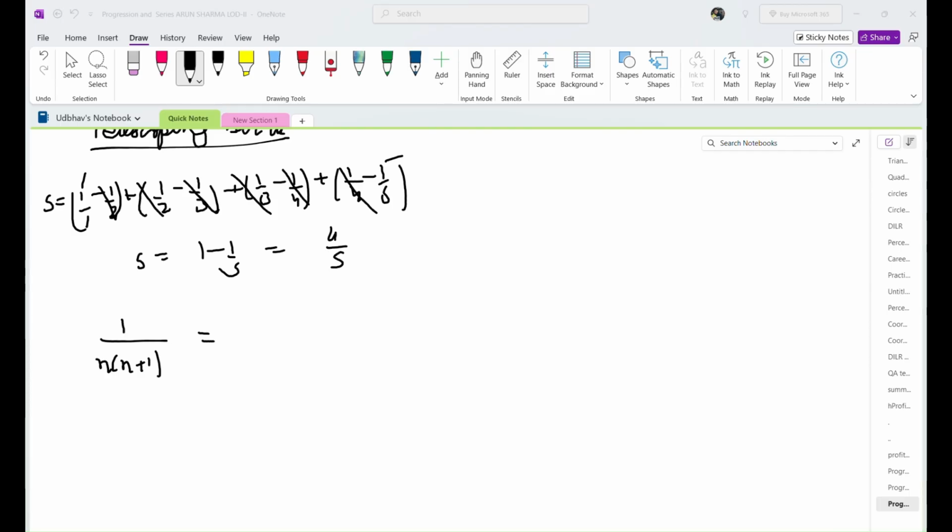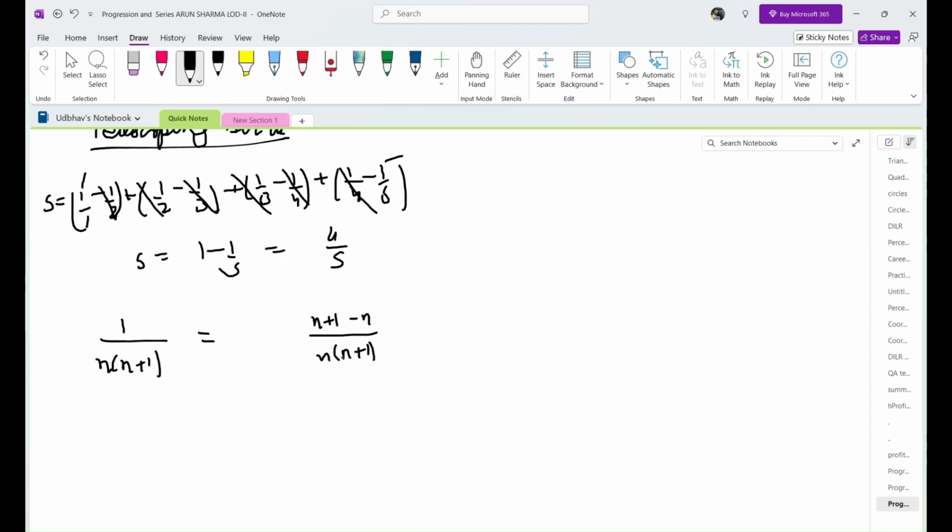How can we break that? We can write it as 1 upon n into n plus 1, and write the 1 in the numerator as n plus 1 minus n, because n will cancel. At last we are left with 1 only, and the denominator will be as such.